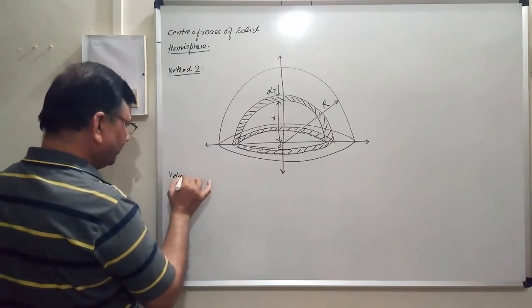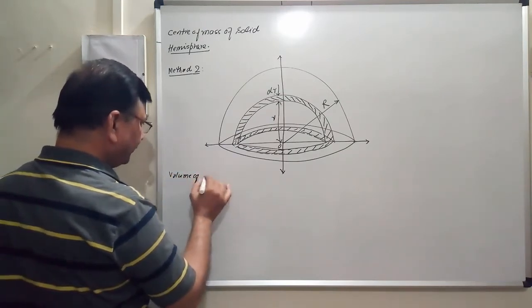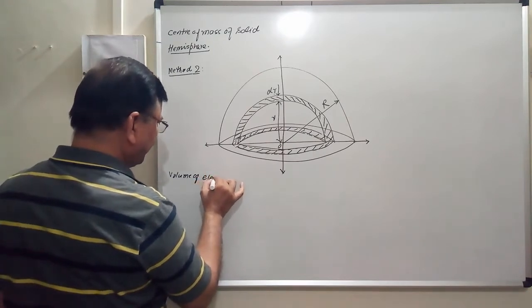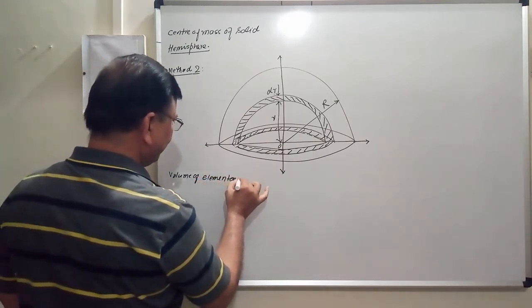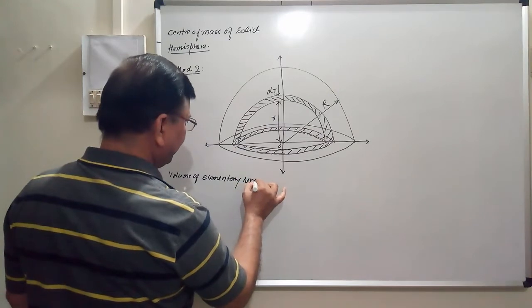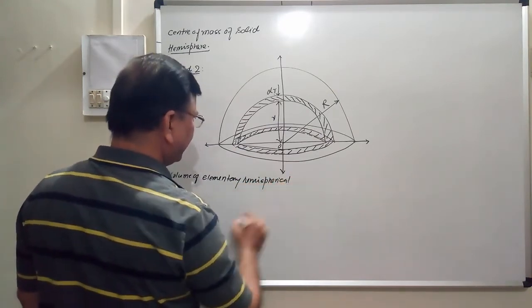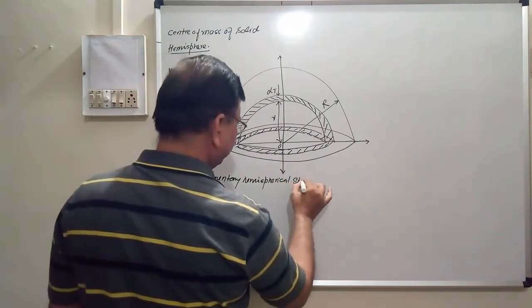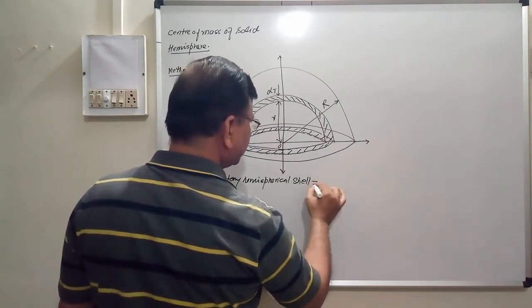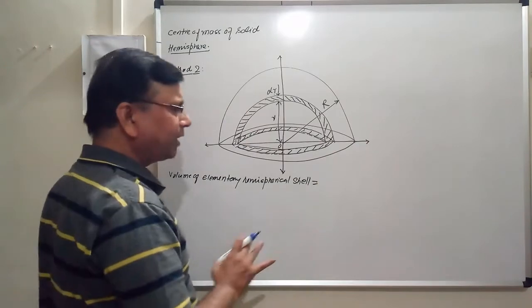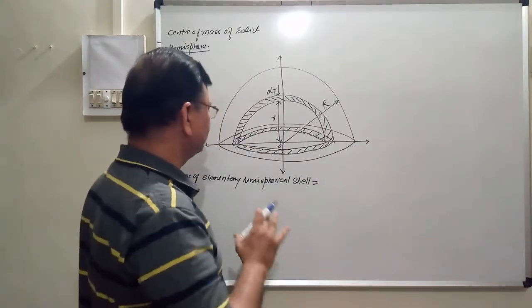Volume of elementary hemispherical shell is equal to, how will we get the volume?